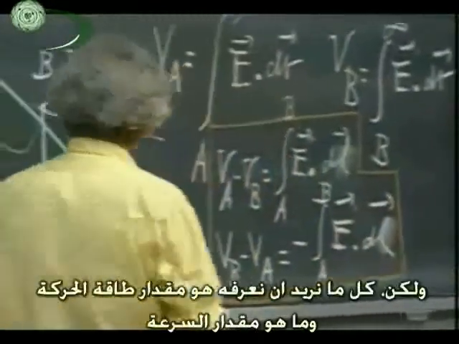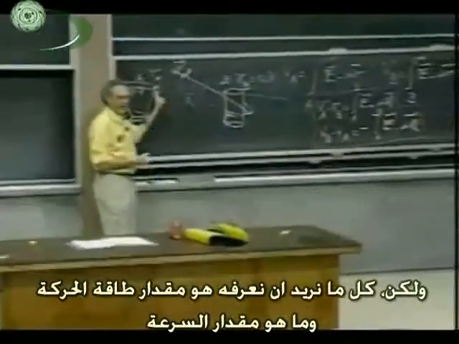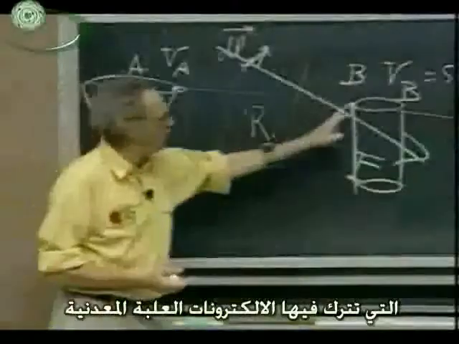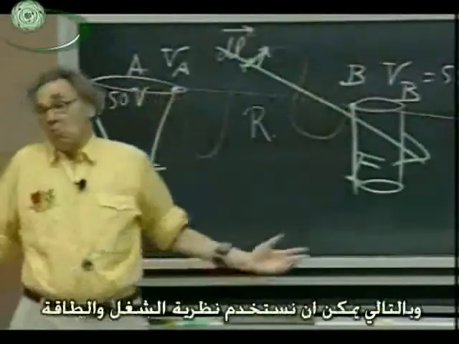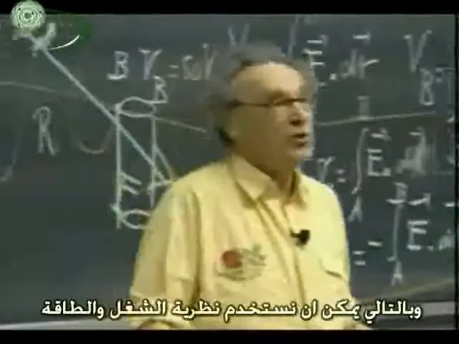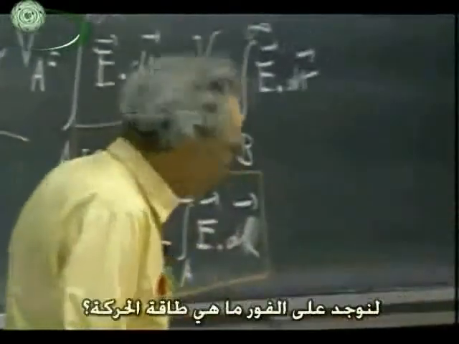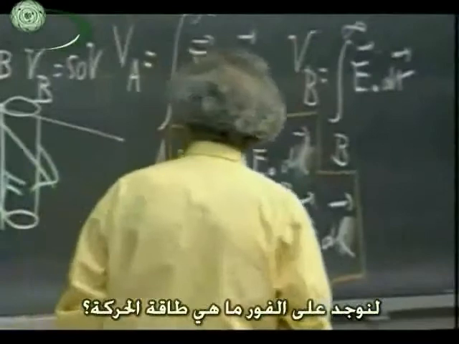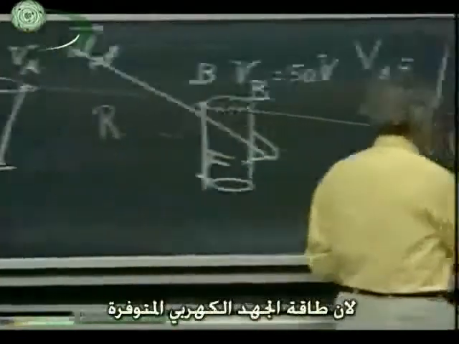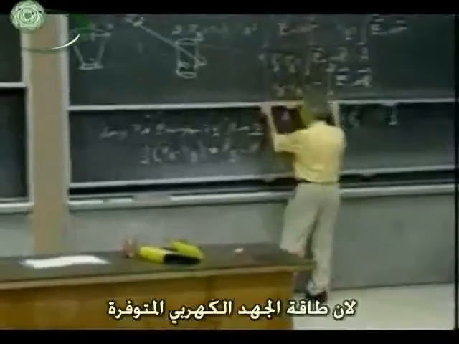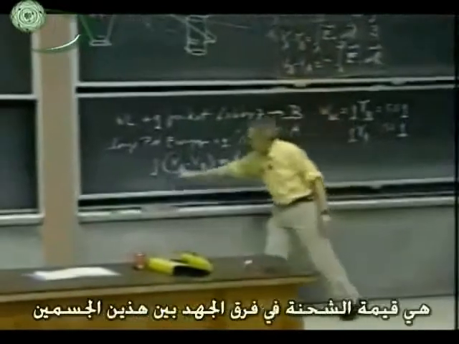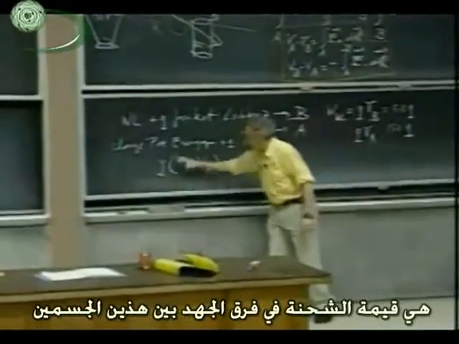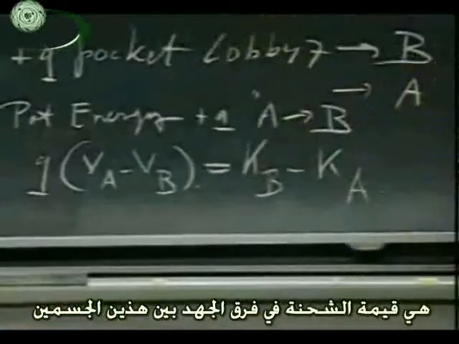But if all we want to know is what the kinetic energy is, what the speed is with which this electron reaches the trash can, so what? Then we can use the work energy theorem and find out immediately what that kinetic energy is. Because the available potential energy is the charge of the electron times the potential difference between these two objects.